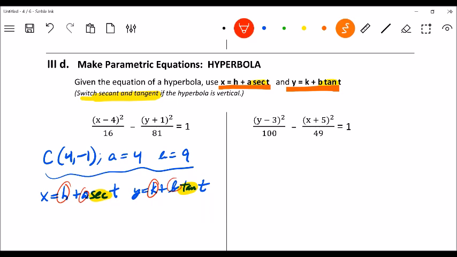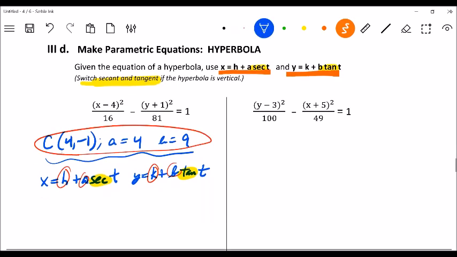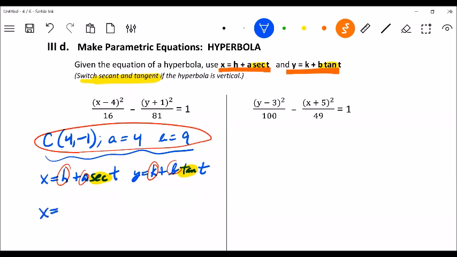We know what A is and B is because of these things. So X equals 4 plus 4 secant T. Y equals negative 1 for K plus B is 9. So it's 9 tangent T.